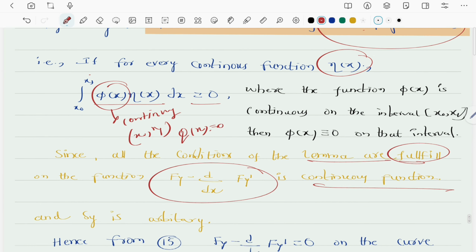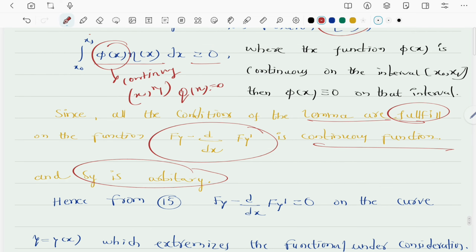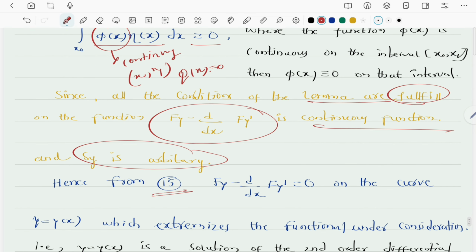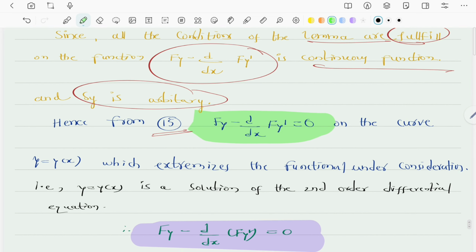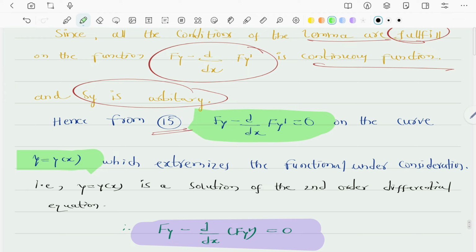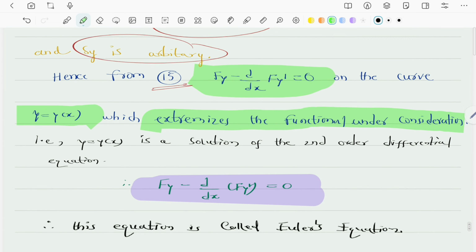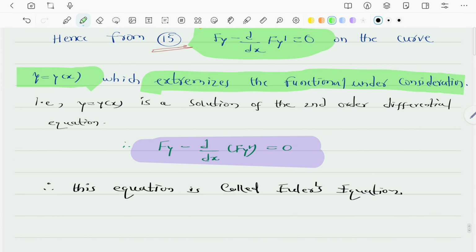Hence from equation 15, fy minus d by dx of fy dash is equal to 0 on the curve y equal to y of x, which extremizes the functional under consideration. That is, y equal to y of x is a solution of the second order differential equation fy minus d by dx of fy dash equal to 0. This equation is called Euler's equation.